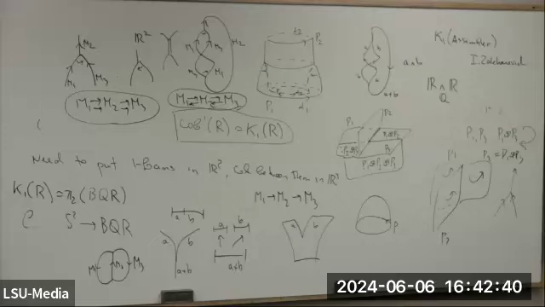I should also mention some calculation about K2. If you take a field, K2 is generated by symbols {a, b}, where a and b are in K star, subject to suitable relations. From this viewpoint, you would want to take a torus and look at the flat bundle with fiber K over it, where the monodromy along the meridian is a and the monodromy along the longitude is b.